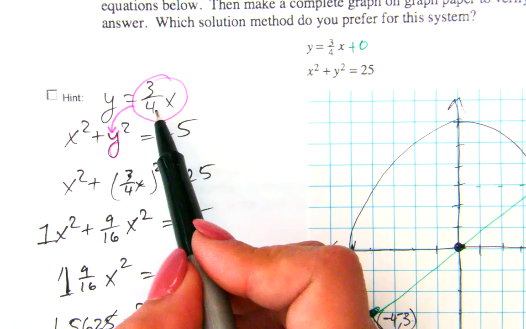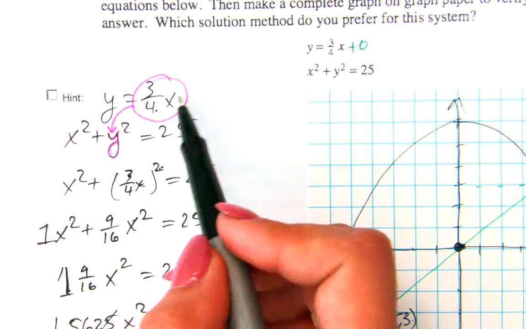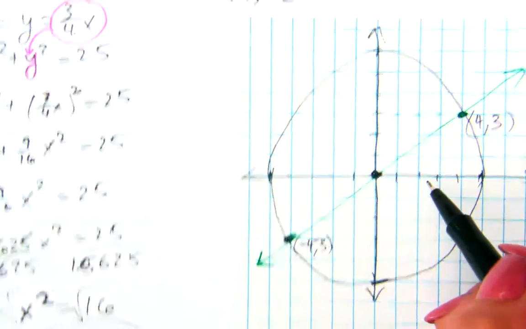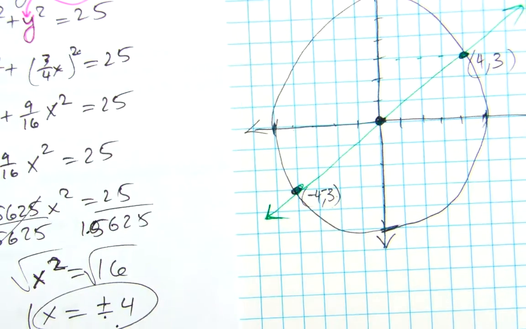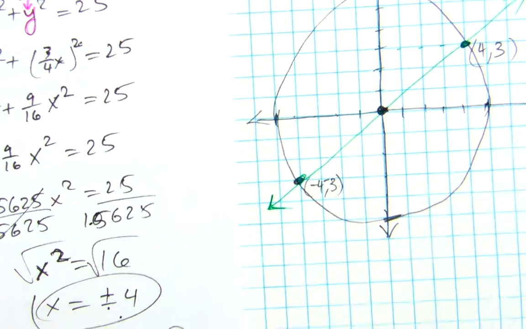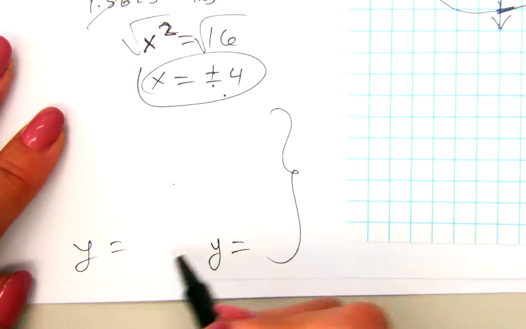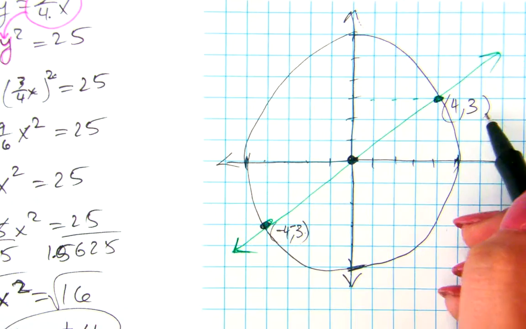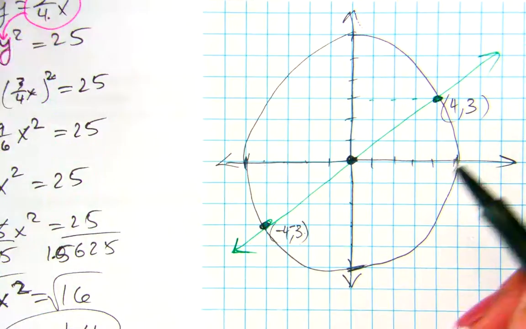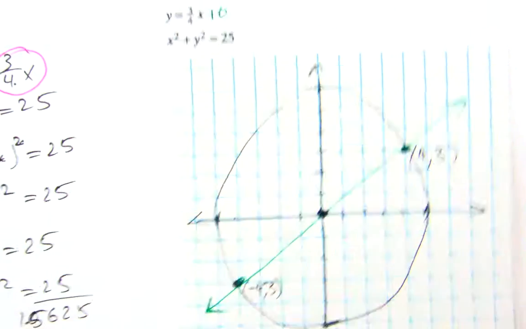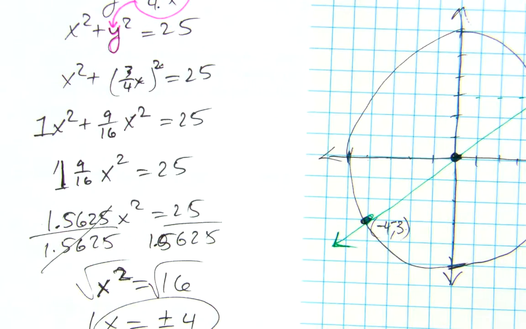If you like to do 3 over 4 times 4, 3 over 4 times -4, then by all means plug it in. But you need to algebraically solve for y. I need to see two actual answers as your result for y. And that should verify that you get +3 and -3 as an answer. Okay, and I'm going to stop here, and we're going to pick up with 57 in the next video.